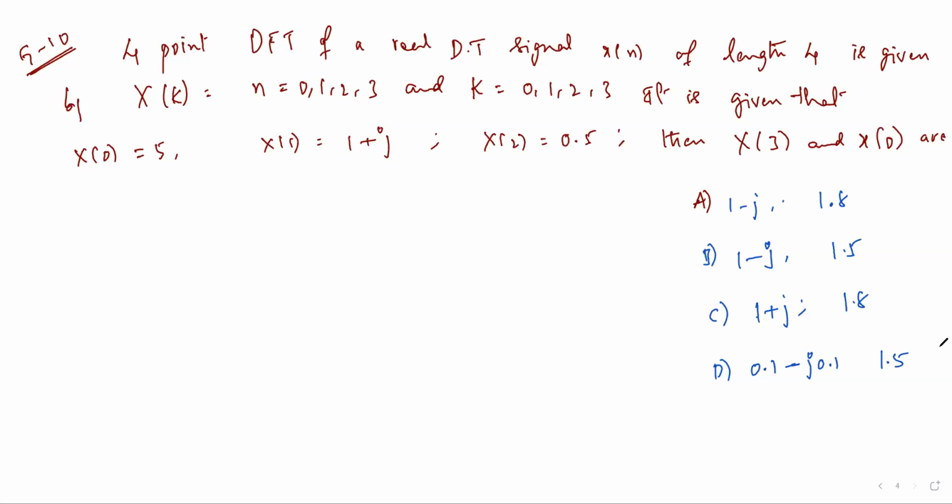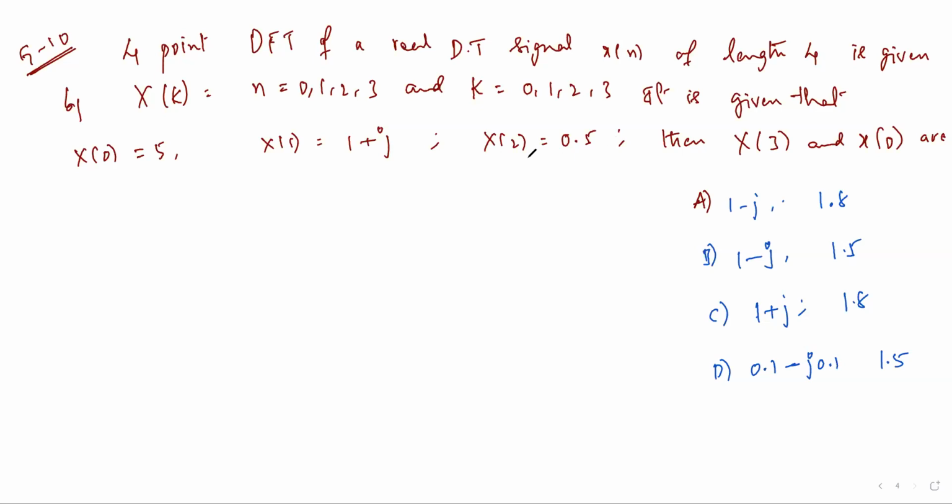The 4-point DFT is given, length 4. X of k, three values are given. X of 3 is not given. The fourth one is not given. We have to find the fourth one, and then from all these, we have to calculate the time domain initial value, x of 0. You know the DFT and inverse DFT formulas I have given in the previous session.